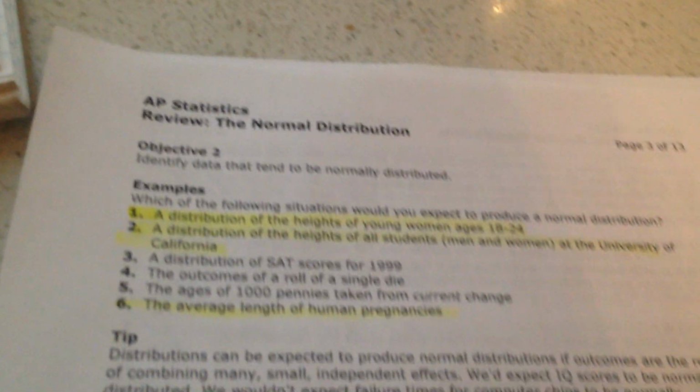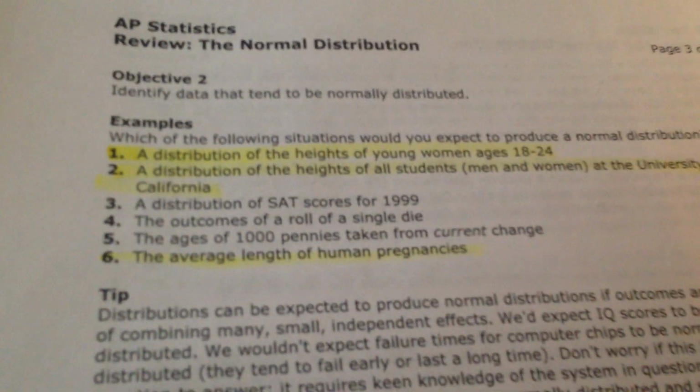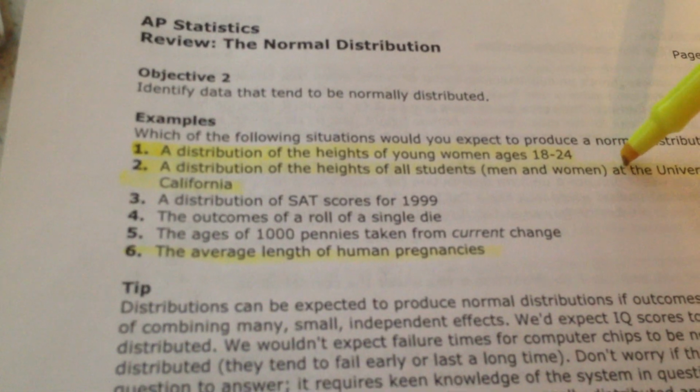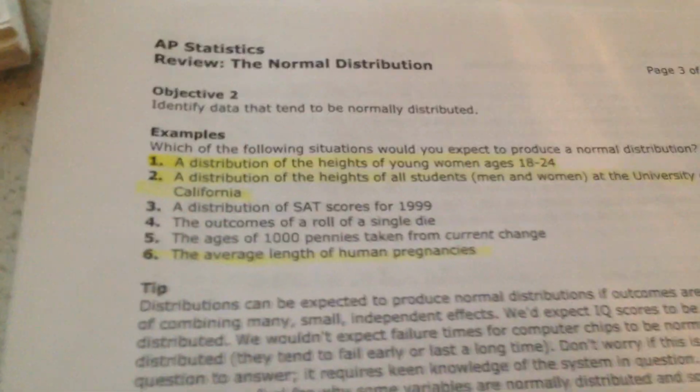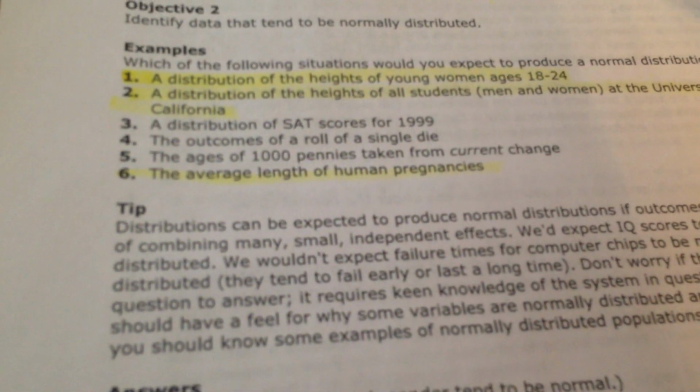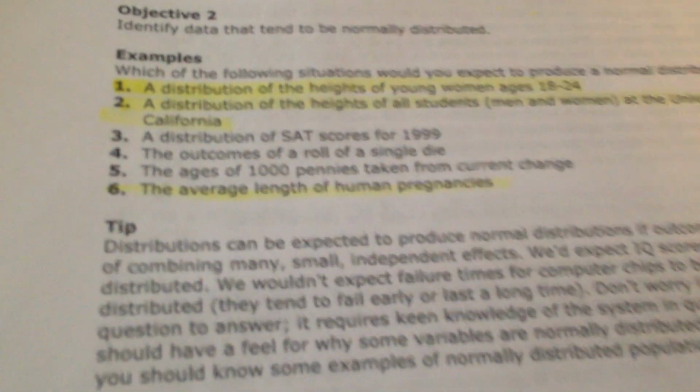Okay, so now I'm going to be showing just some examples. These are some things I struggled with, but I think I've gotten the hang of them now. So the distribution of heights of young women ages 8 to 24, that would be normal because there tends to be an average height, and then people that fall above or below that usually go like a normal curve.